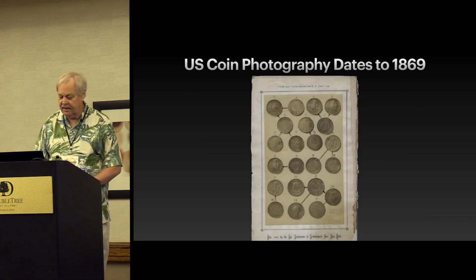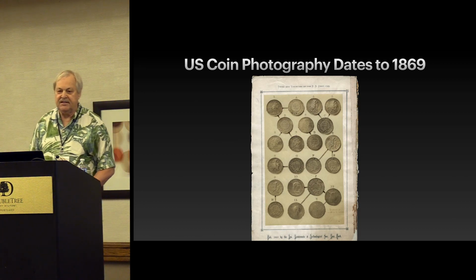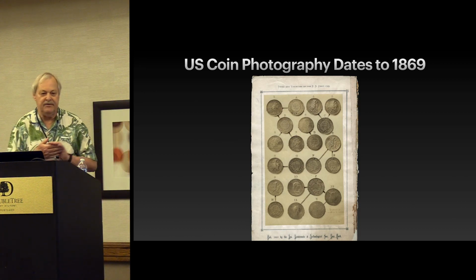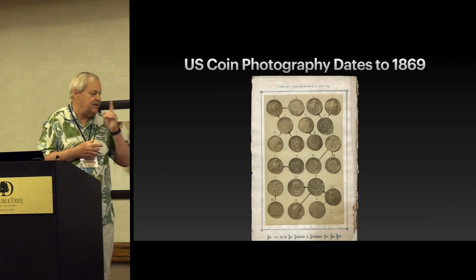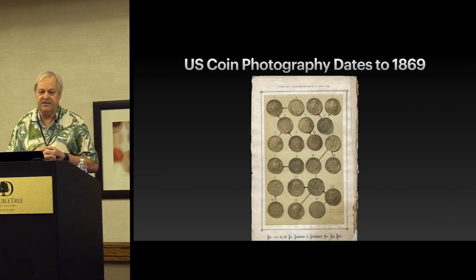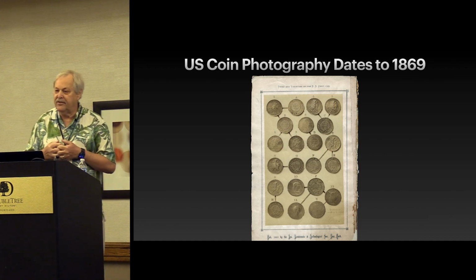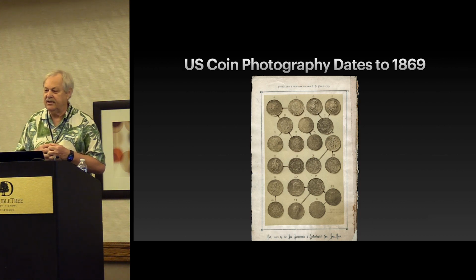So, coin photography dates to 1869. I'm sure many of you are familiar with this plate. This is the Levick plate from 1869, all of the then known 1793 large cent varieties.